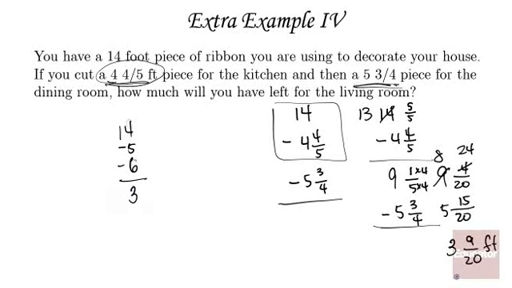So we have about 3 left over, and that is close to our exact answer. So we have an idea that our answer is in the correct range. And remember with word problems that you need to include your unit. And in this case, we were talking about feet of ribbon, so we have 3 9/20 feet of ribbon left.